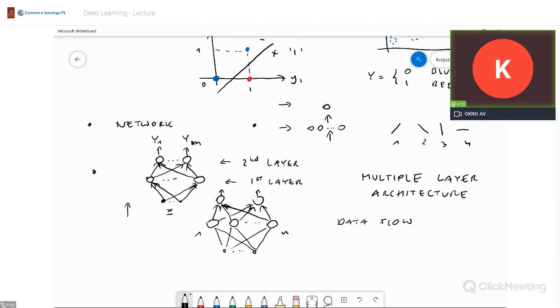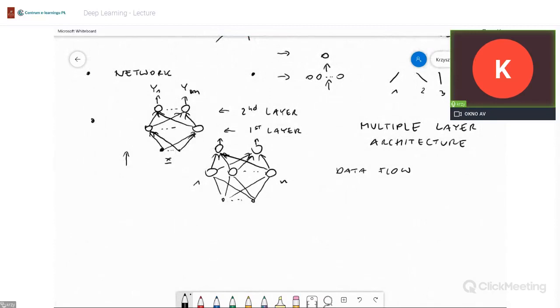So my data flow is unidirectional, and I can say that the network or the architecture that I have just introduced I can name as a multiple layer feed forward neural network, because obviously we can arrange neurons in any way that we would like to.